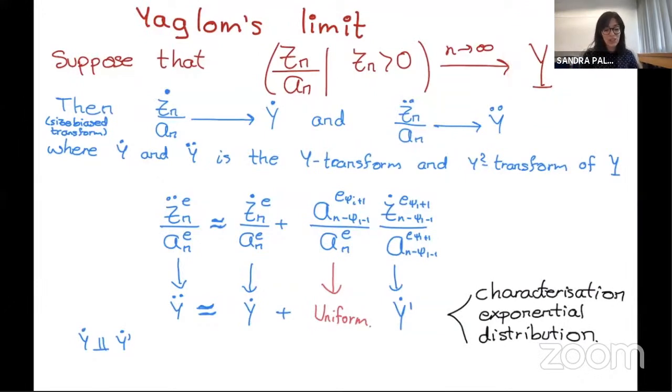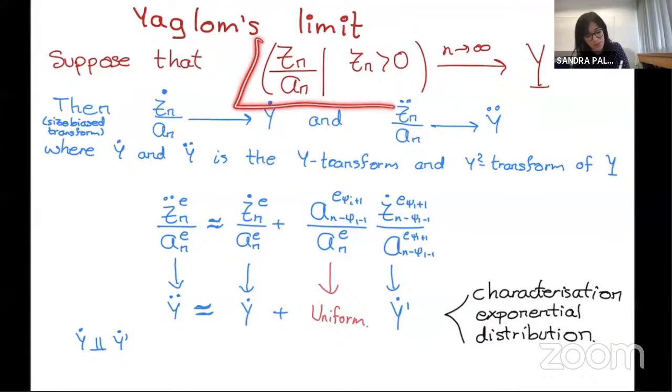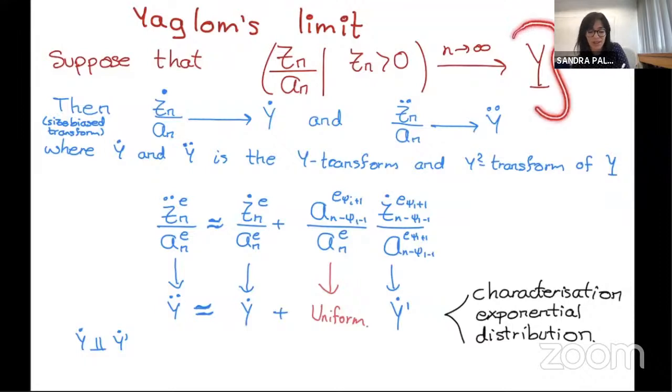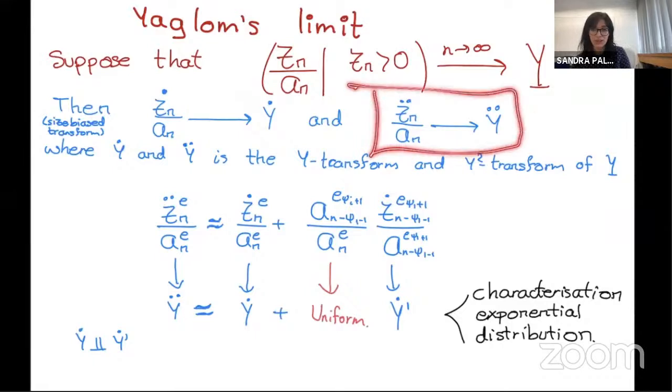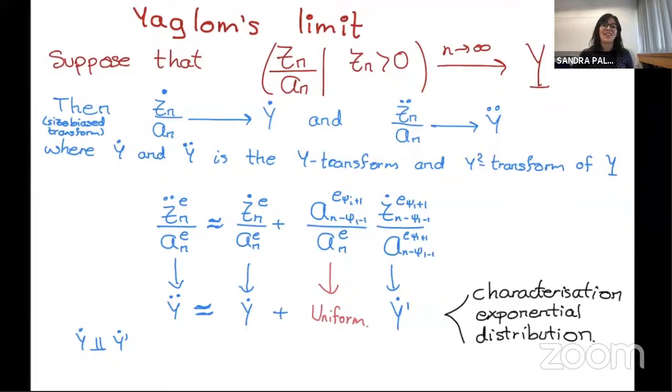Since Z_n dot and Z_n double dot are the size-bias transforms of this one, then Z_n dot over a_n has to converge to the Y-bias transform of Y, which I'm going to denote by Y dot, and the same has to happen with Z double dot. Z double dot n over a_n has to converge to Y double dot, where Y double dot is the Y-squared transform of Y. So that is in general.